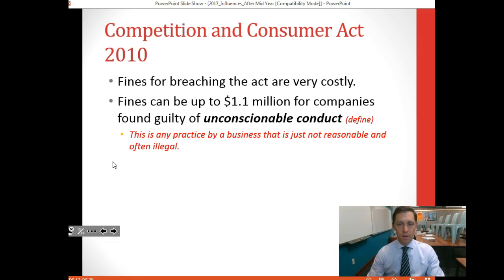From a marketing perspective, that Act seeks to ensure that the consumer is looked after and not exploited in relation to competition and in relation to the consumption of goods and services.